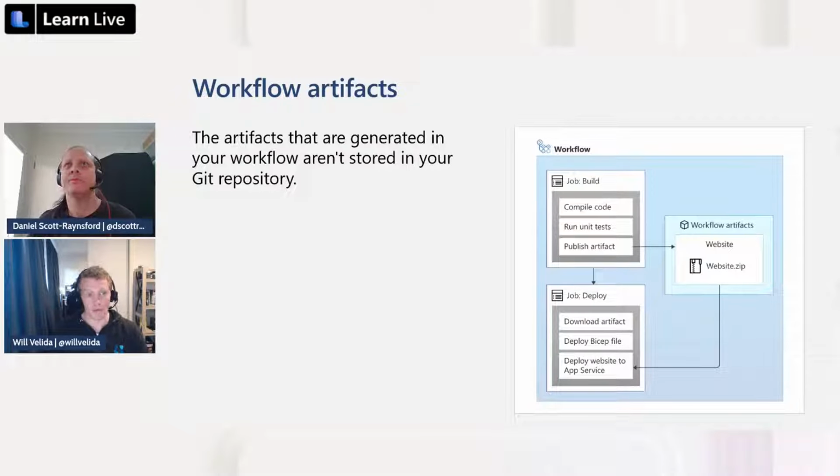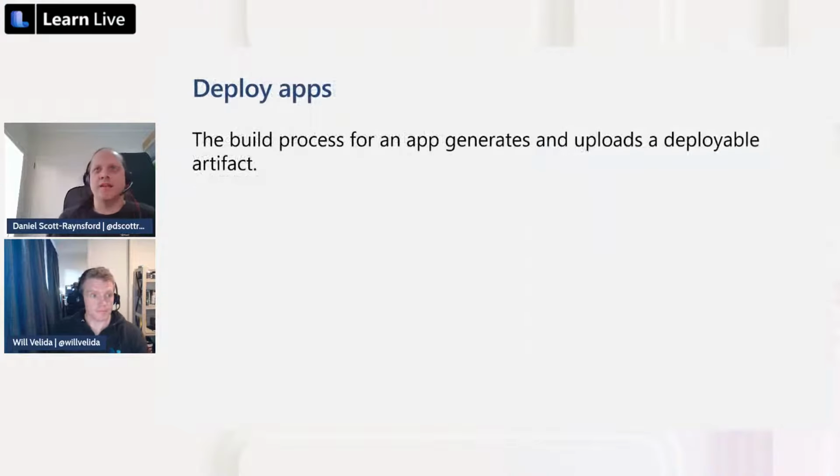Within our build job, we're compiling our code, we're running our unit tests, and here we're publishing our artifact to a particular location as a workflow artifact. So in our subsequent deploy job, we're downloading it so we can actually use that artifact to deploy it to Azure App Service.